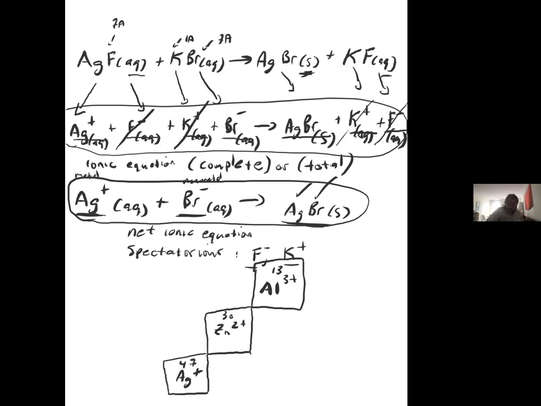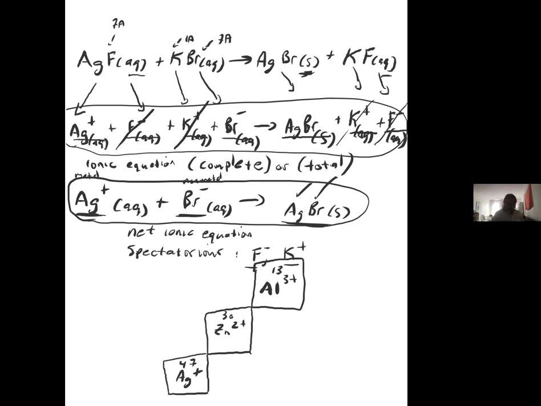I don't think there's anything particularly insightful about this. There is a relationship between charges and electrons and position in the table, but this is one pattern that pops up. It would be nice if there were more patterns, actually. Aluminum, zinc, silver, AZA, if you want to remember it that way.